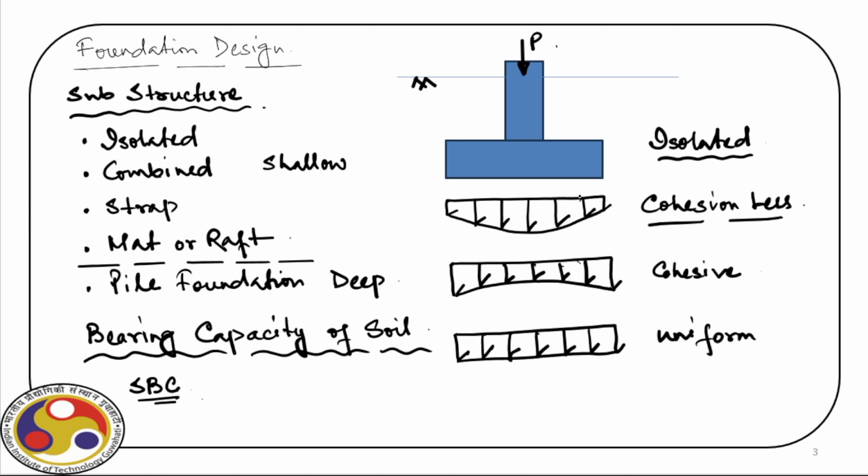So for a particular site, the moment we apply load using this column foundation arrangement, obviously there will be some kind of settlement because the soil below is an elastic medium, right? So the moment we apply some pressure, there will be some kind of settlement, and that settlement also will have different components that we'll see in a minute.